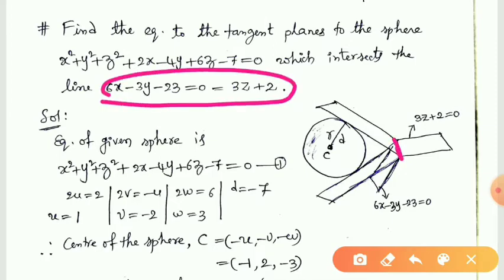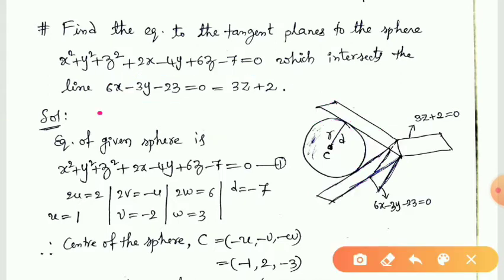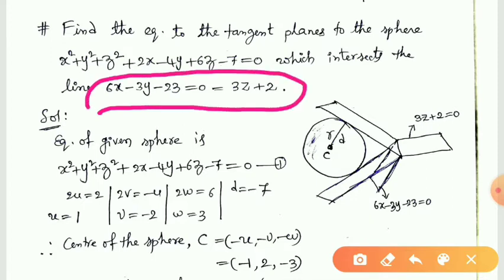We have to find another plane passing through this line and touching the given sphere like this, and this is also a plane passing through this line and touching the sphere. So we have to obtain the equation of a plane passing through this line and touching this sphere.